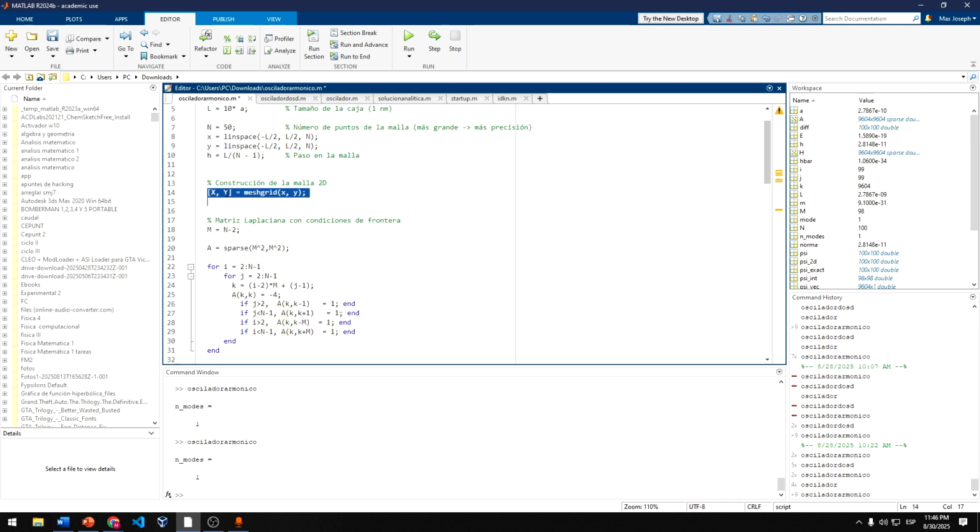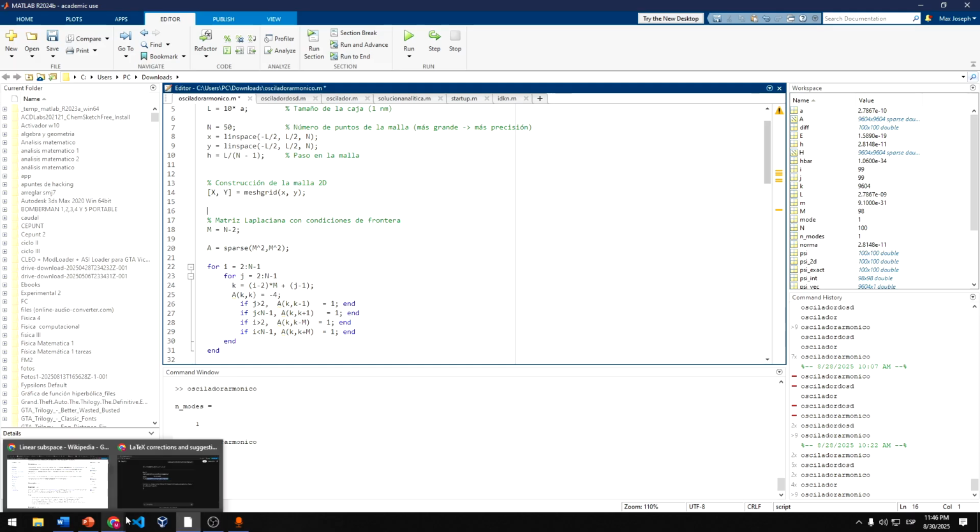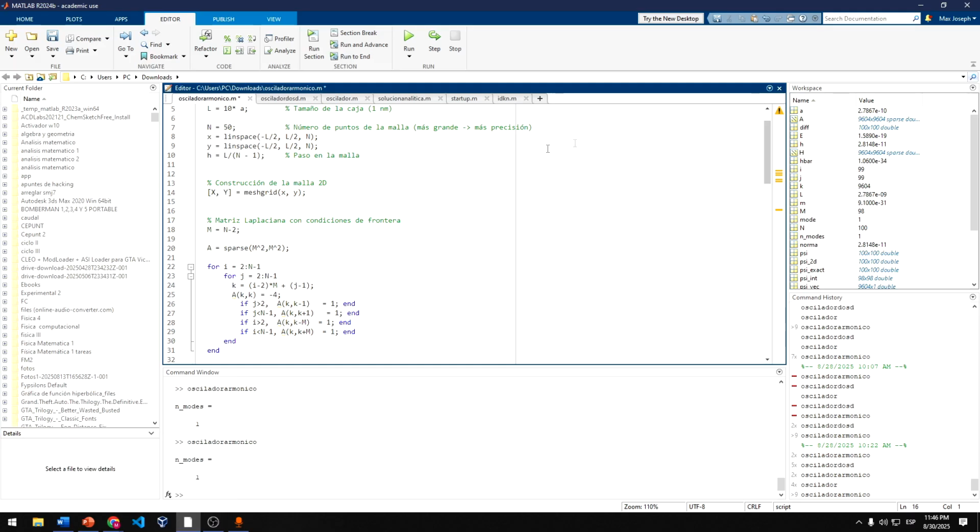La construcción de la malla 2D. Acá solamente construimos la malla que va a representar, por así decirlo, esa malla o nuestro plano, ¿ok? Que se construye con meshgrid.